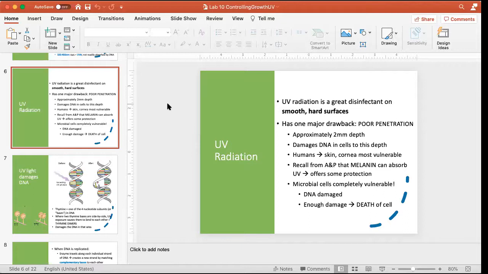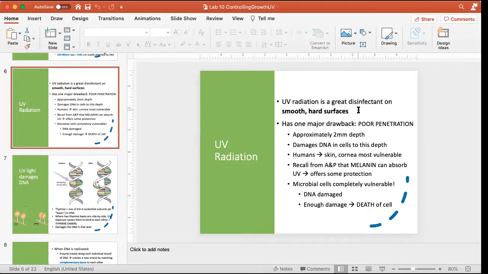If the DNA damage is not too bad, though, if it's not too severe, there are repair mechanisms inside of microbial cells, repair mechanisms that can go through the DNA molecule and repair the damage and restore that cell to health, essentially.